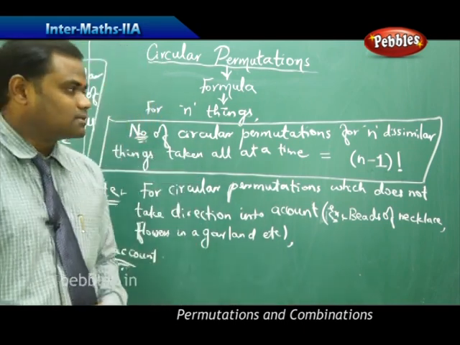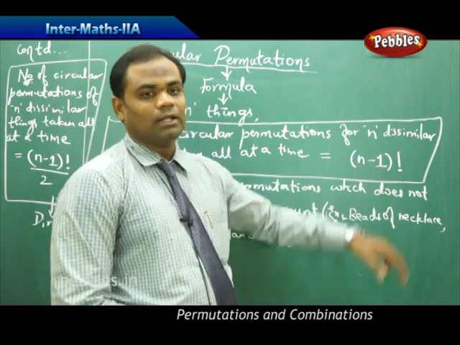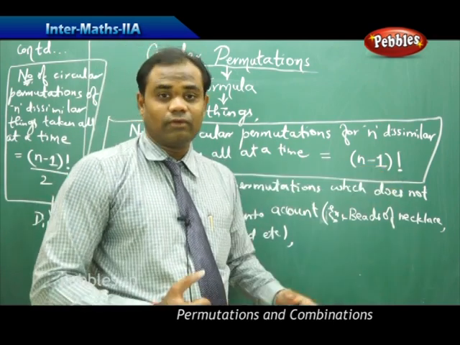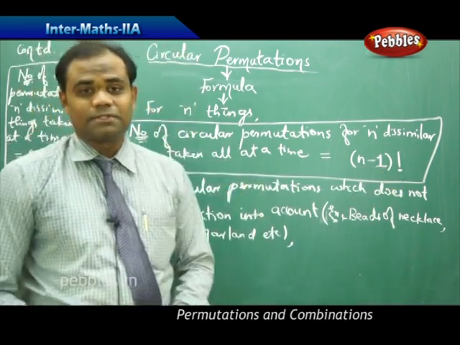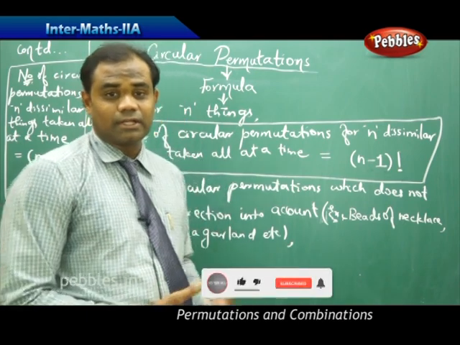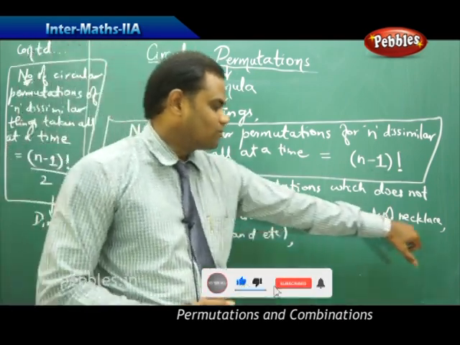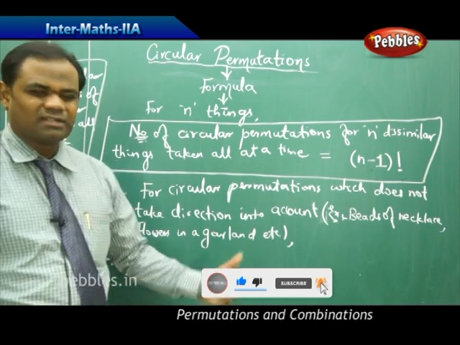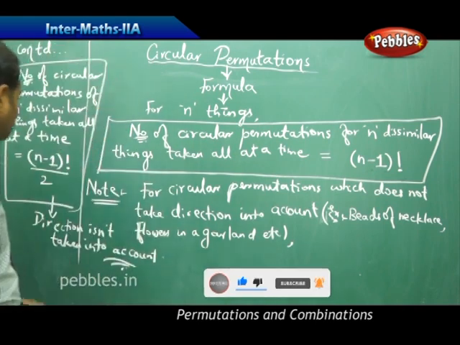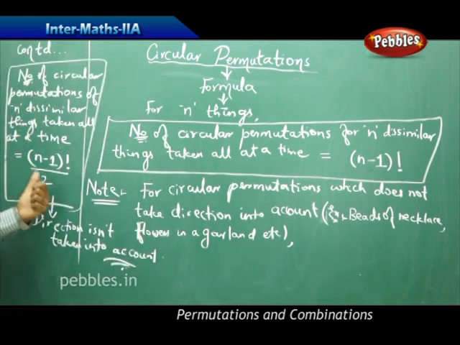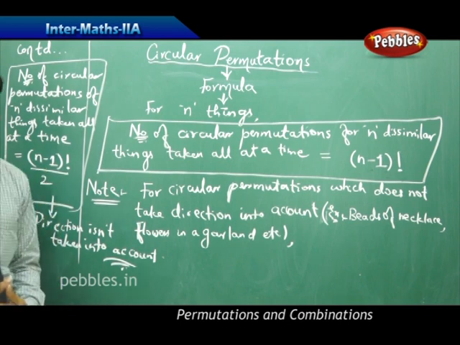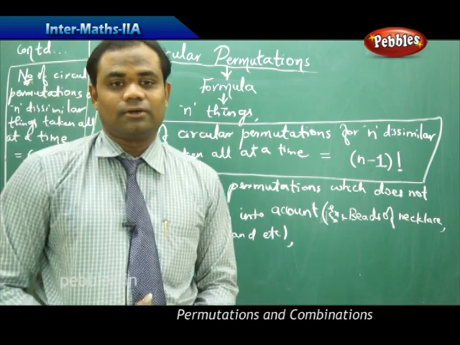If the direction is considered, then I have the formula n minus 1 whole factorial for finding the number of circular permutations. And if the direction is not taken into account, for example cases of beads of a necklace or flowers in a garland, etc., then the number of circular permutations is exactly half of n minus 1 whole factorial. This is how I understand the concept.